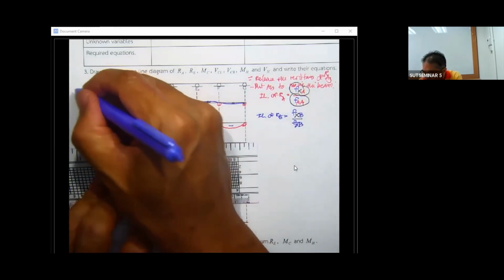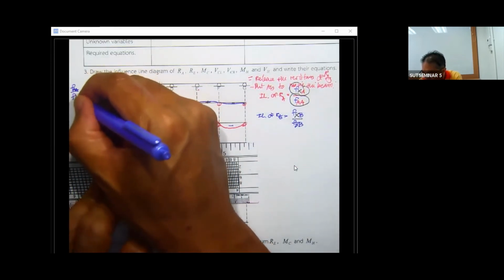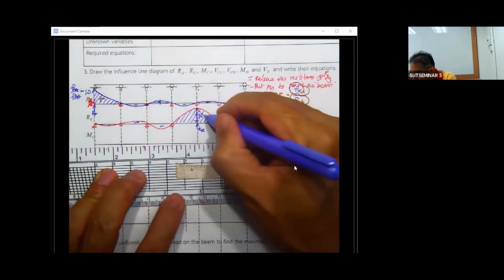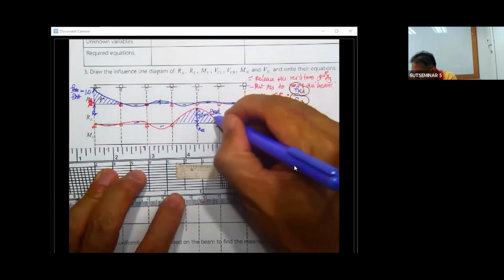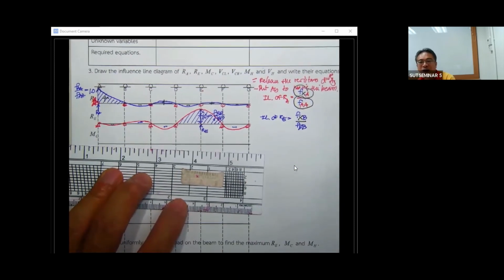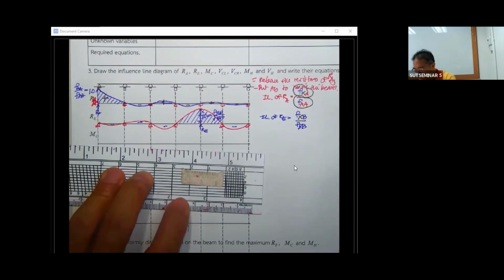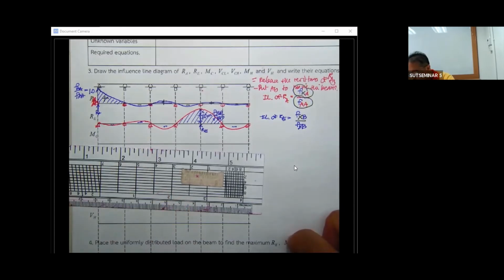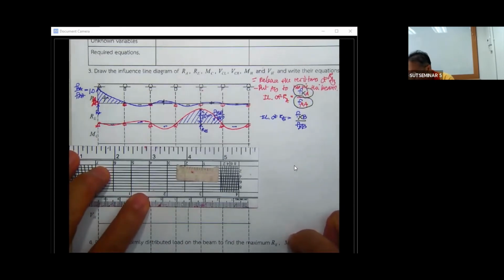For example, this one is F sub AA divided by F sub AA also. Okay, following the Müller-Breslau principle.